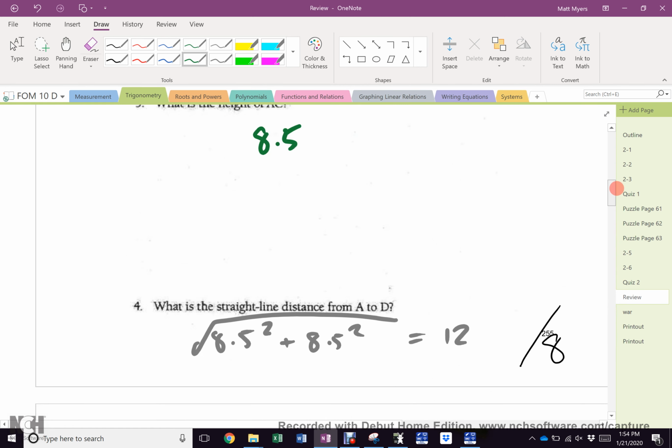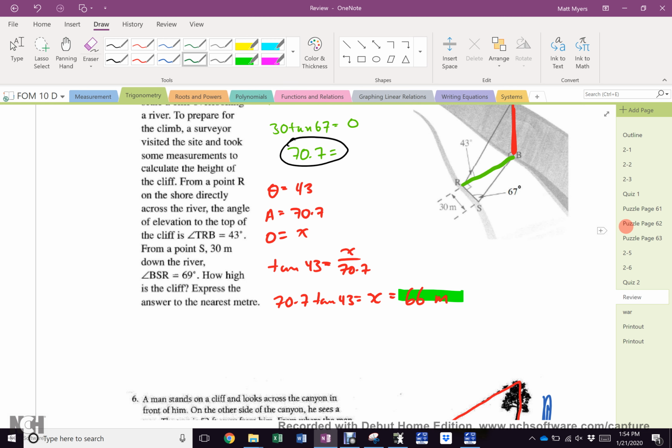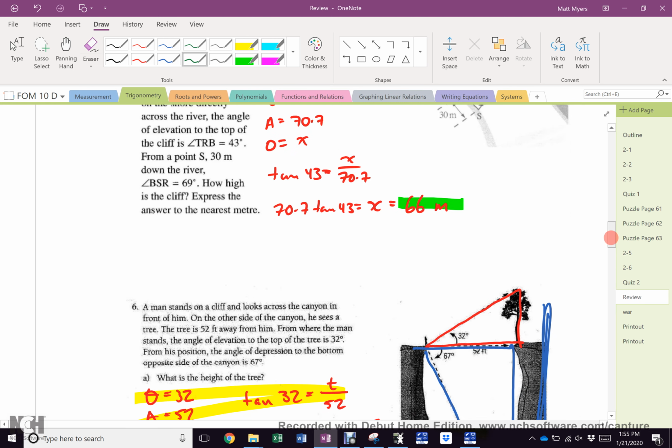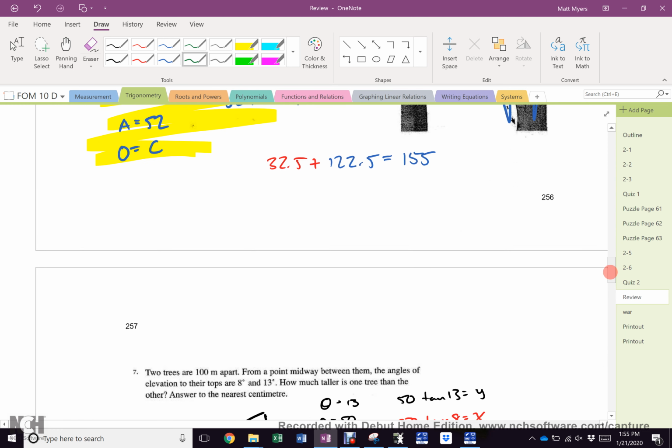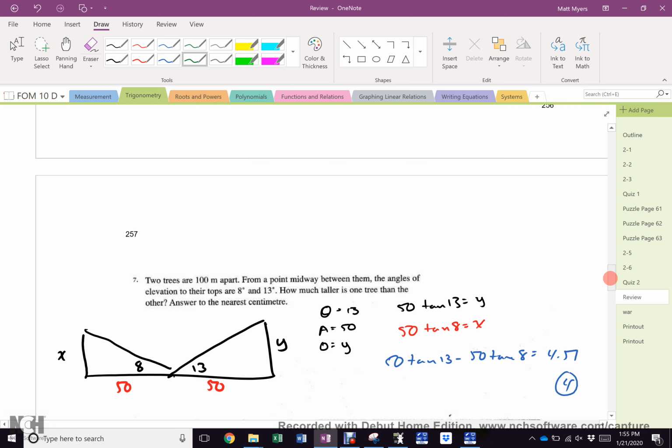So that was your 5, the airplane one, right? What is your 6? The tree. That one? So there's that work. Which means your 7 should be the 2 trees, which is right there.